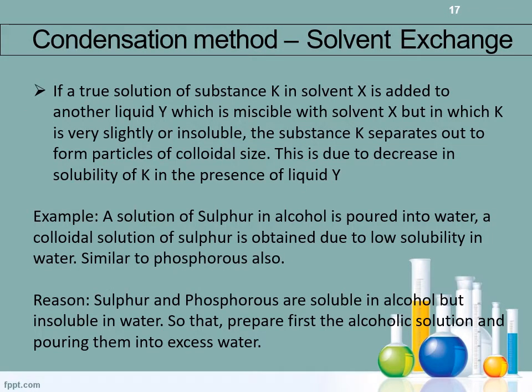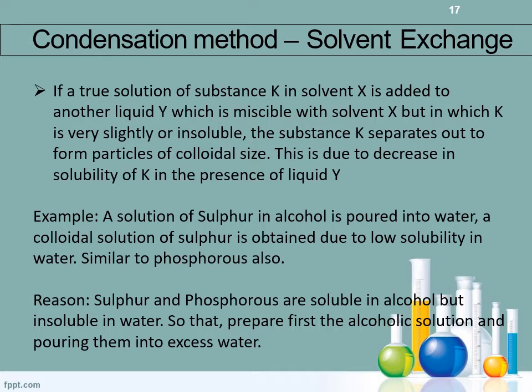Solvent exchange is a condensation method. In solvent exchange, if a true solution of substance K in solvent X is added to another liquid Y, which is miscible with solvent X but slightly soluble or insoluble with substance K, the substance K separates out to form particles of colloidal size.